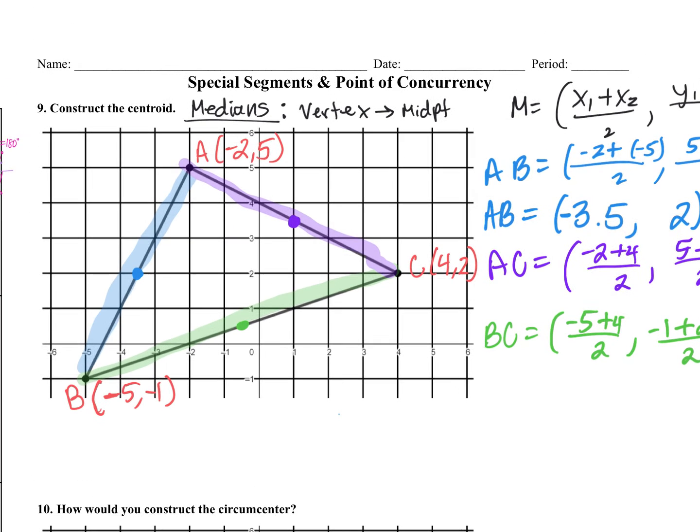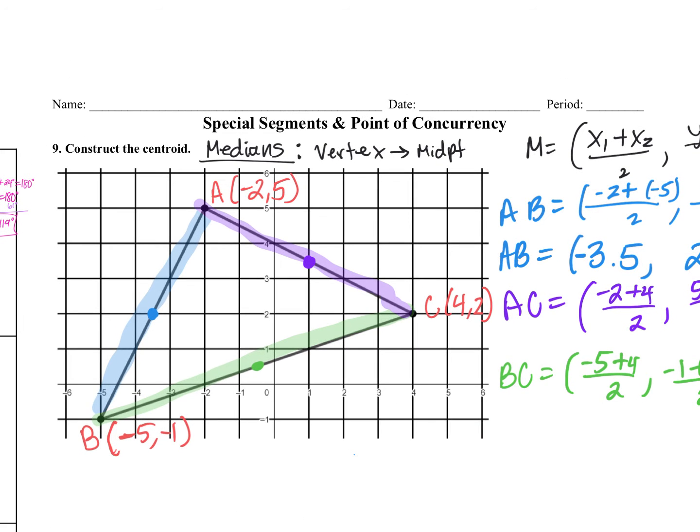All right, so again, to construct the medians is connecting the vertex to the midpoint. So let's go ahead and connect these points. Vertex to midpoint. Vertex to midpoint. All right. Then we have vertex to midpoint.